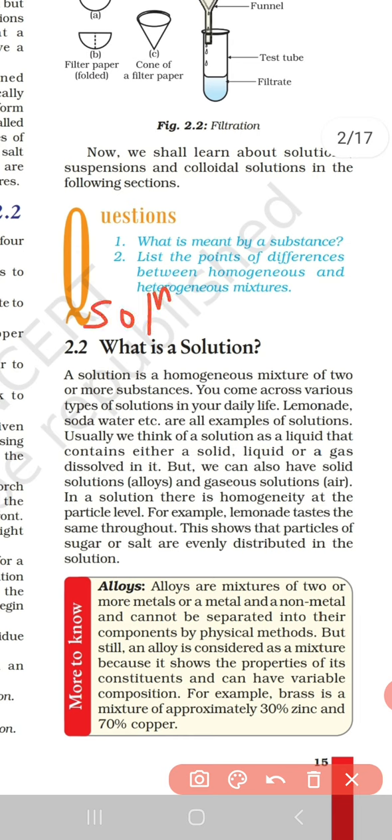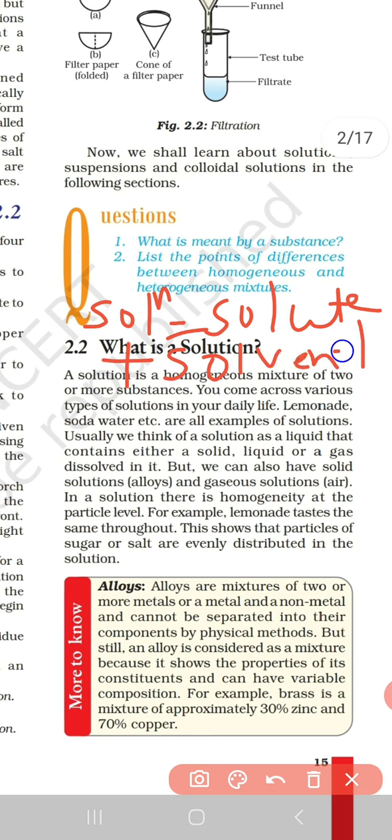Solution equals solute plus solvent. Everyone knows about this. मिक्सचर किससे बनता है? Solute plus solvent से बनता है. For example, take water, that is a solvent, take sugar, that is a solute, add both to each other and we will get the solution.